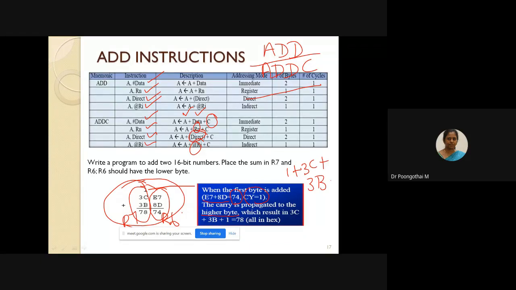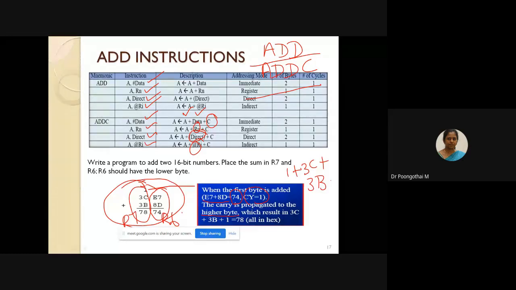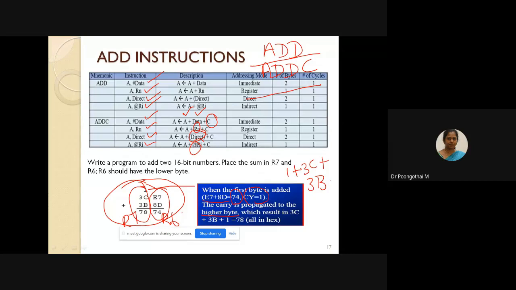So move E7 into accumulator, 8D into B register, ADD A, B. After the addition, store your result in R6. So your LSB addition is completed. Next, you get the data 3C and 3B and incorporate the ADDC instruction, propagating the carry from the lower byte into 3C plus 3B, and store your result in R7.